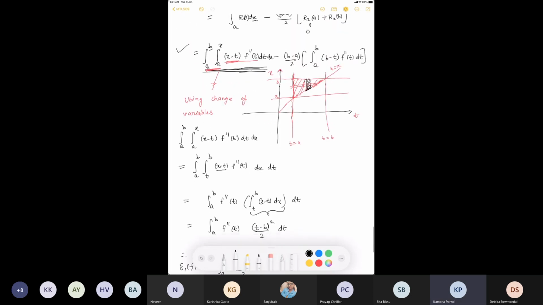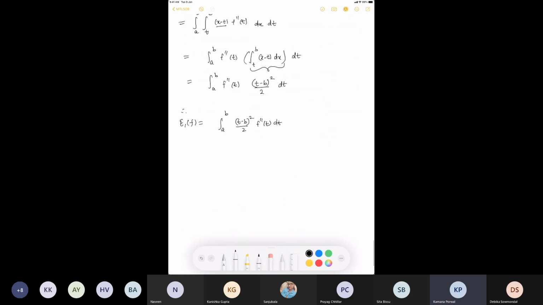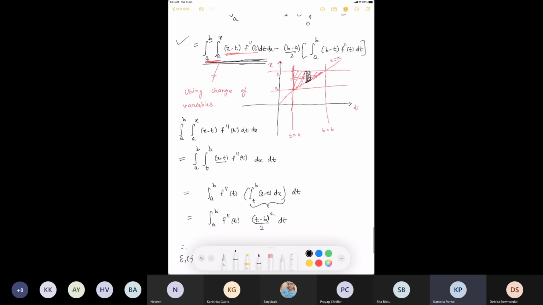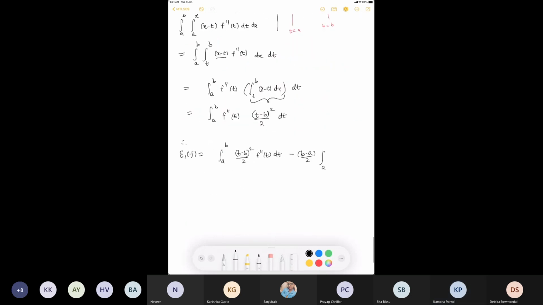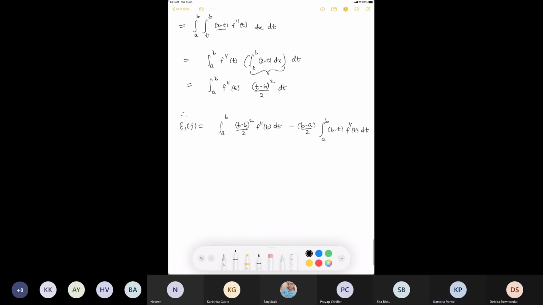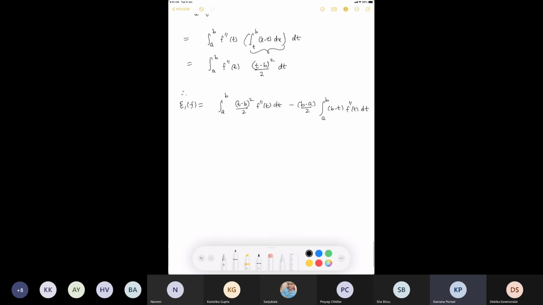And then here the second term is minus (b minus a) by 2 integral a to b of (b minus t) into f double prime t dt. Okay.